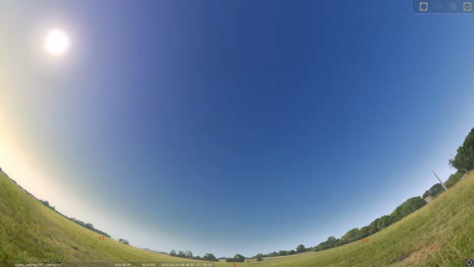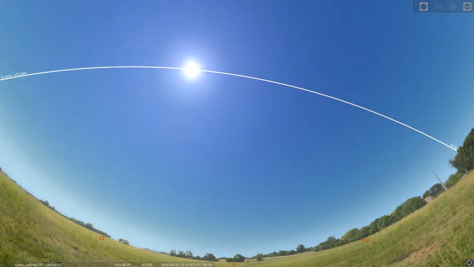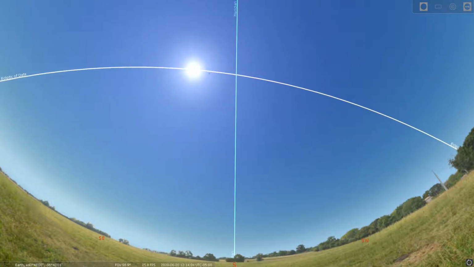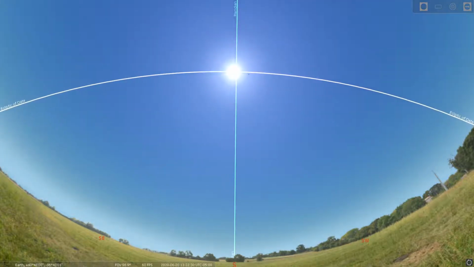The Sun rises in the east roughly, and it sets in the west, and throughout the day, the sun rides along on this imaginary line called the ecliptic. At some point in the day, the ecliptic meets what's called the meridian. It's this line that cuts the sky in half, and it runs north to south.